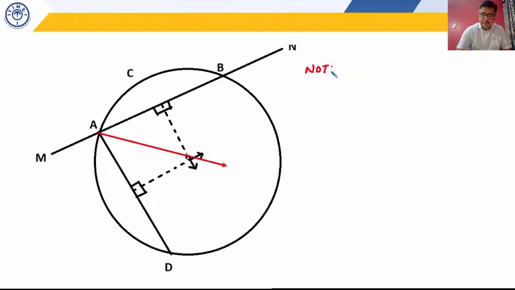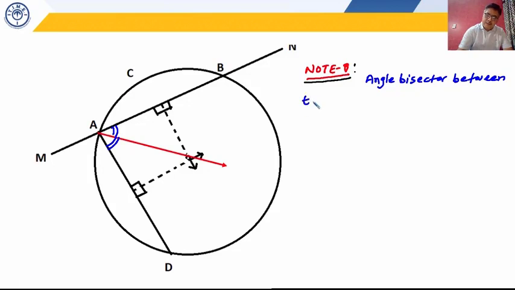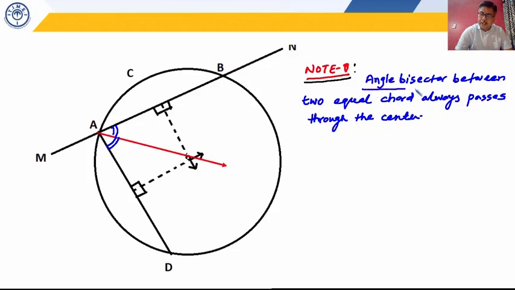This is note 8. AB and AD are two chords of equal length. Then their angle bisector always passes through the center. The angle bisector between two equal chords always passes through the center.